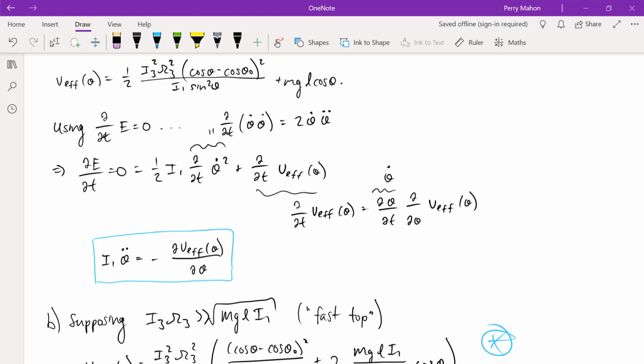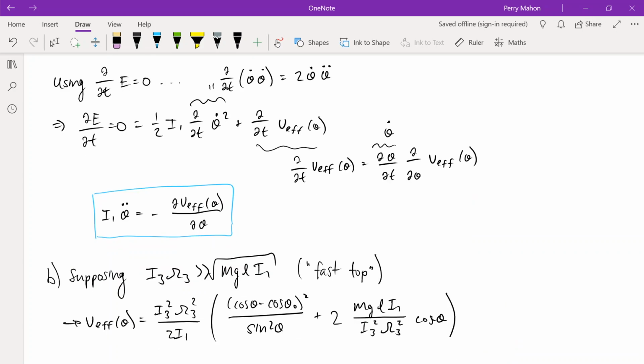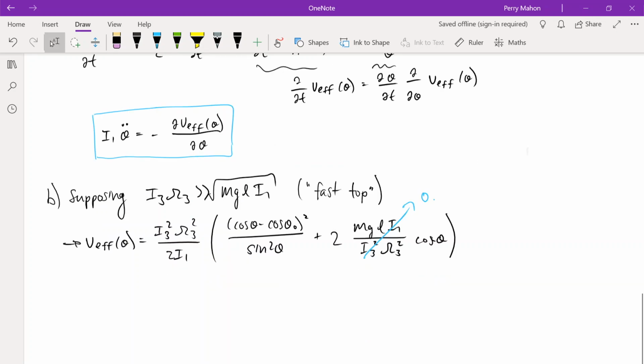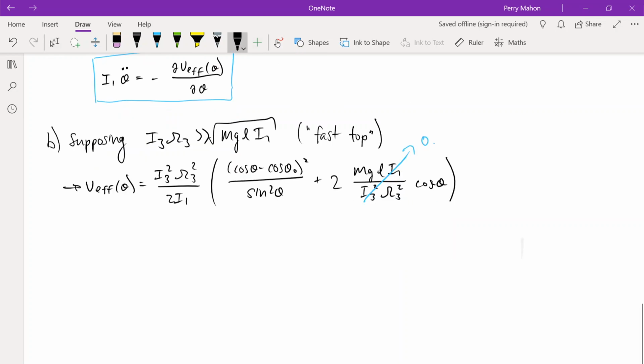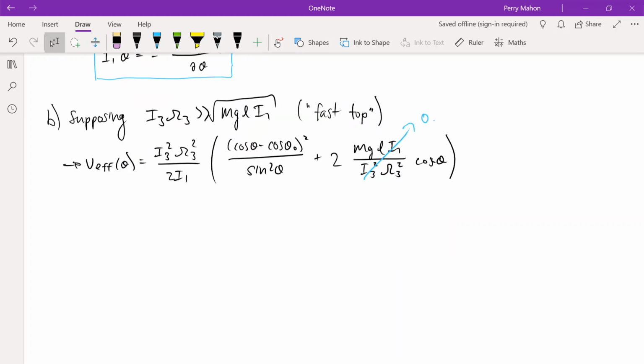When we implement this fast top approximation, this is approximately 0, so we're going to neglect the second term.